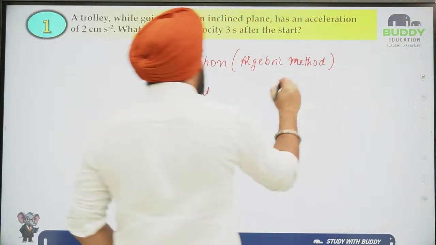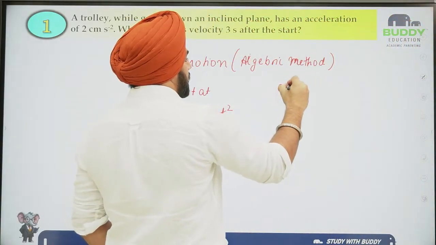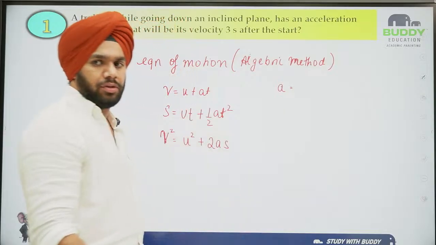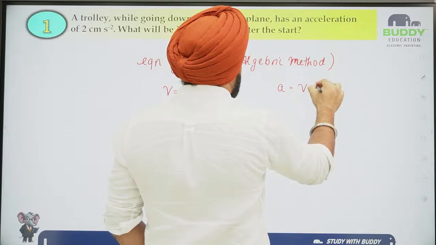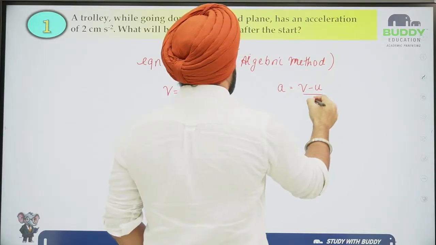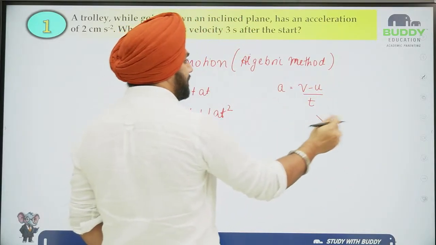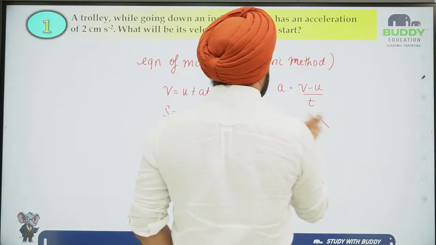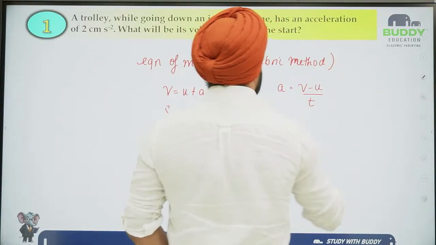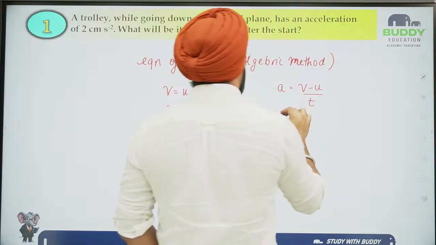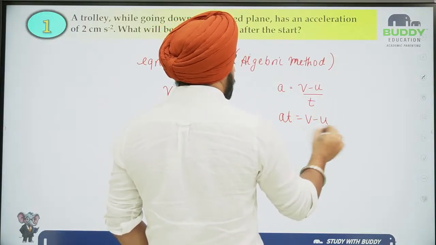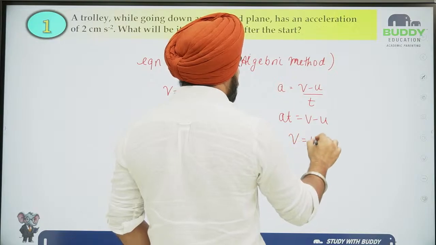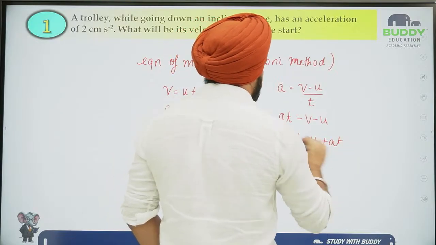Now, what is acceleration? Acceleration is rate of change of velocity. Directly we can say, rate of change of velocity is (v minus u) by t. Bring t here. So this is at and v minus u. So you got the first equation very easily. v is equal to u plus at.